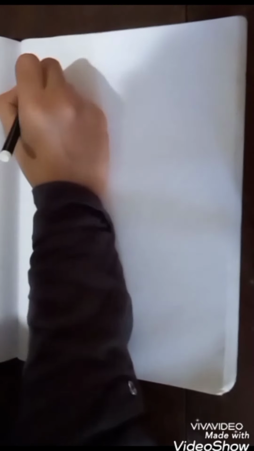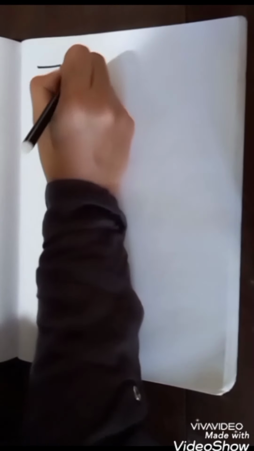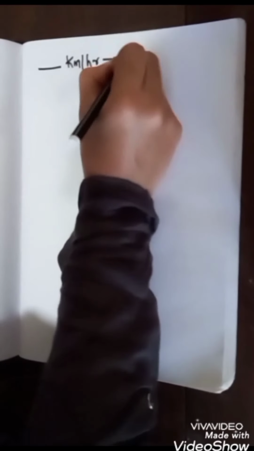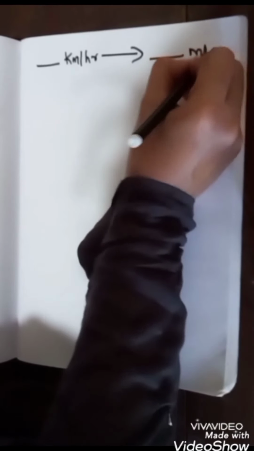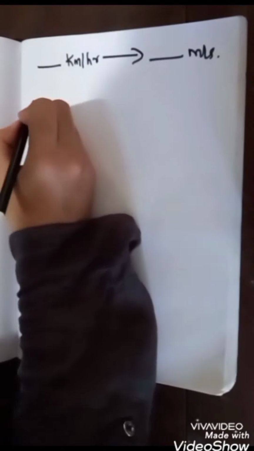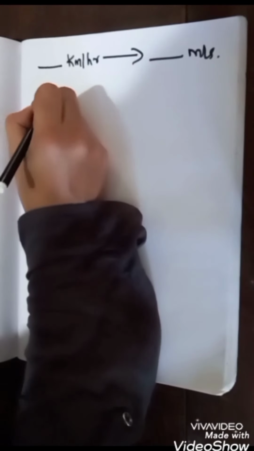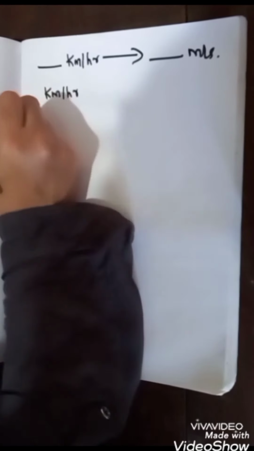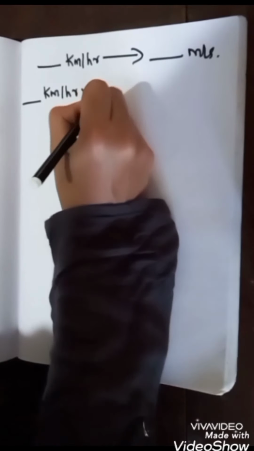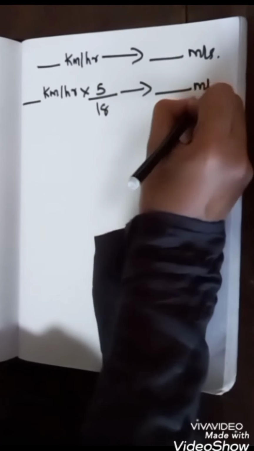There is an important point: in order to change the answer in kilometer per hour into meter per second, we have to multiply the answer in kilometer per hour by 5 by 18. This is the first case.